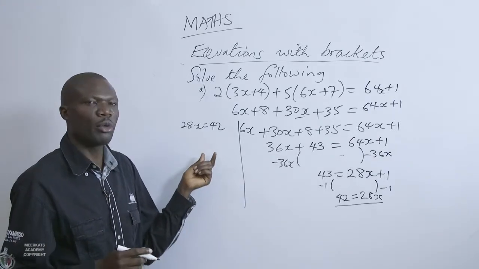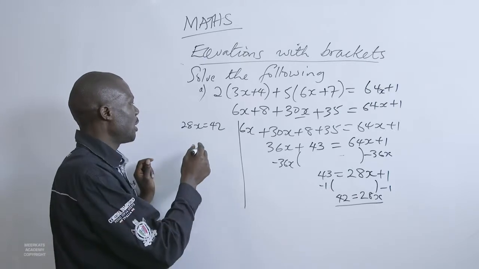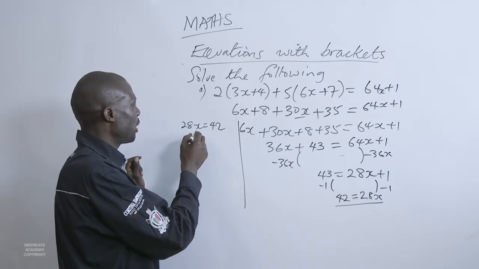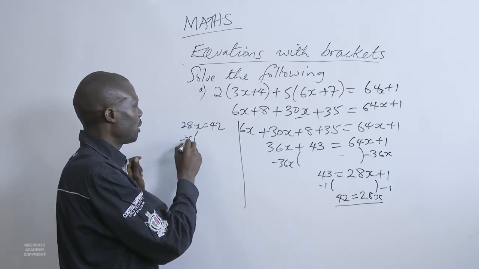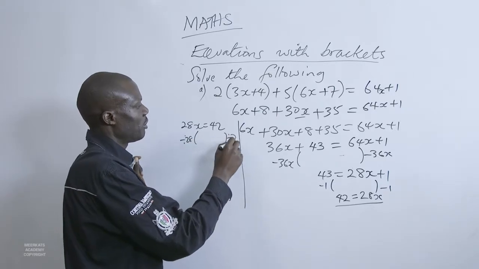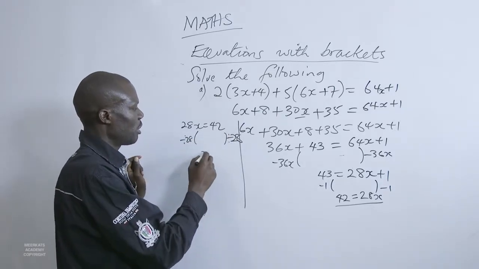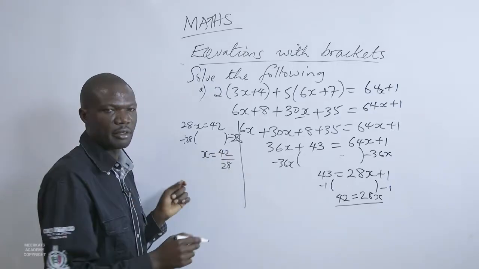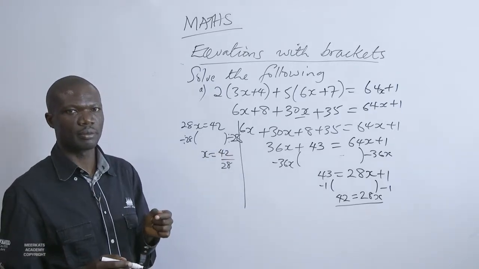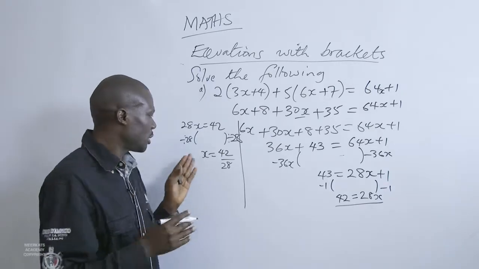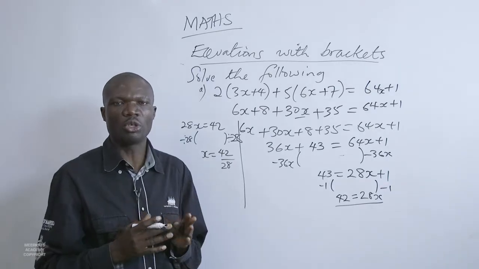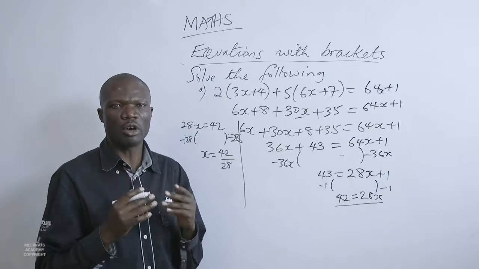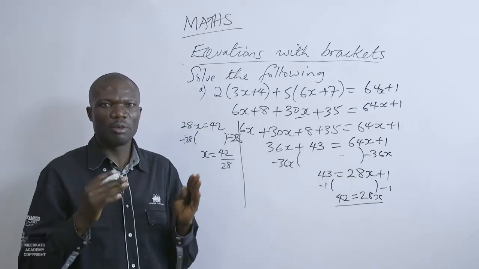Now, here, we need to remain with x. Therefore, we shall divide here by 28 and divide here by 28, so that we have x is equal to 42 over 28. This x is in the form of a fraction, and in fractions we always give our answer in the most simplified form.